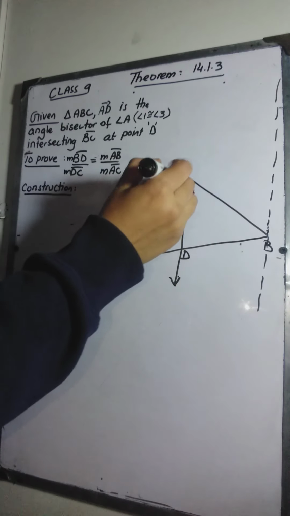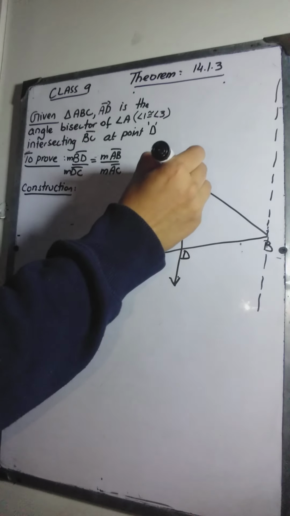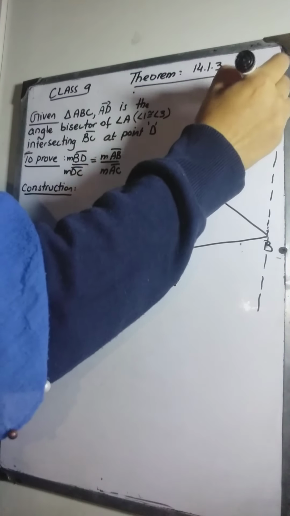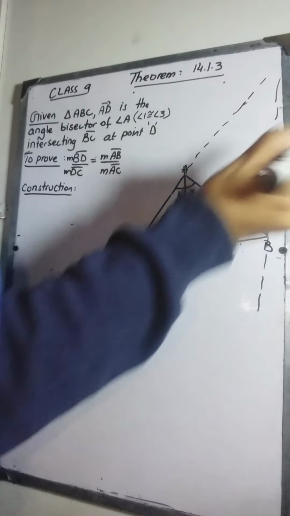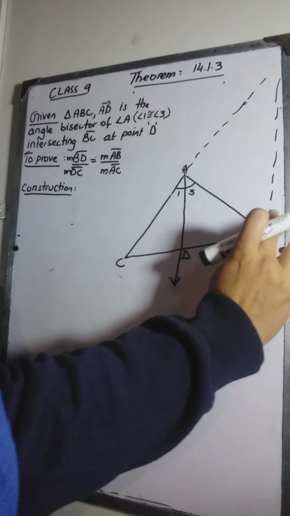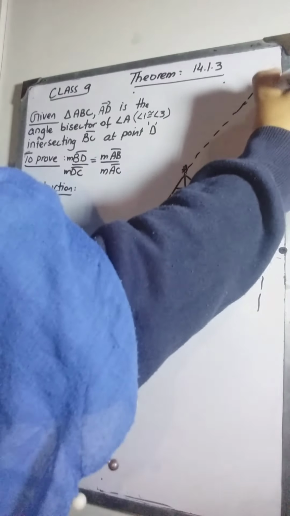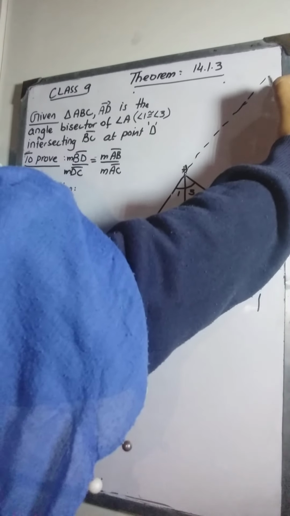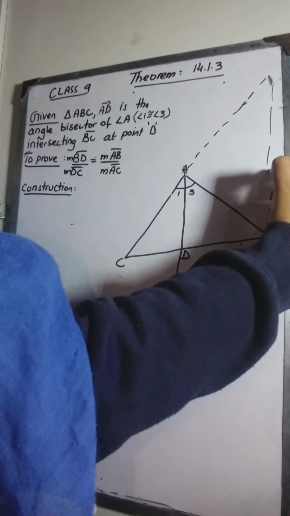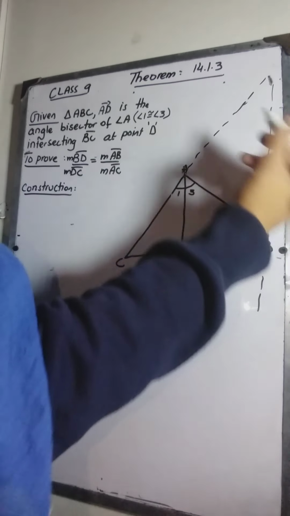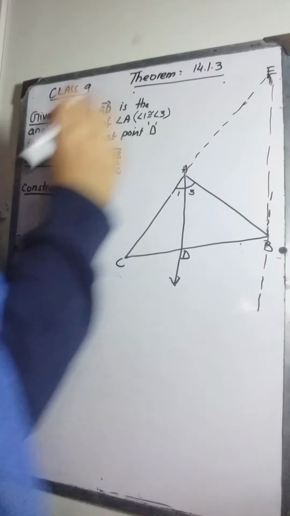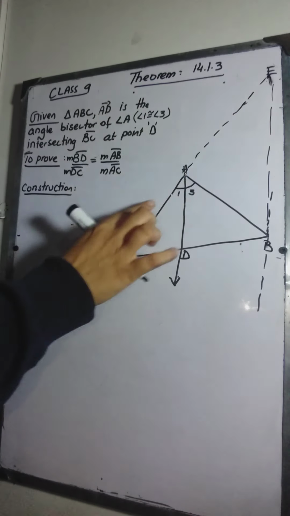And we are going to extend this side AC until it meets the line. Should be somewhere here. Take this point as E, where these two lines meet.